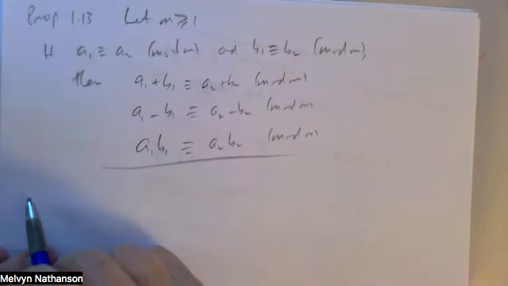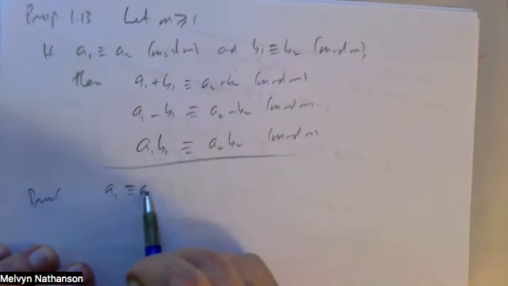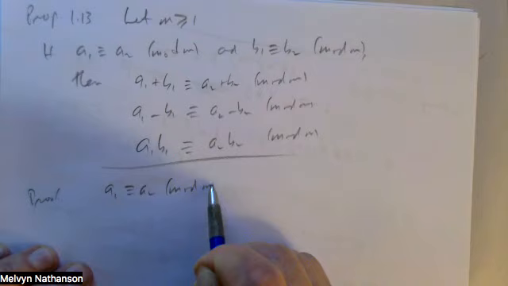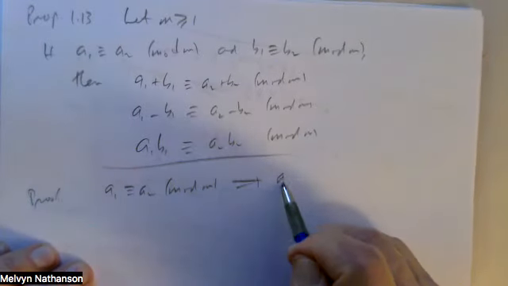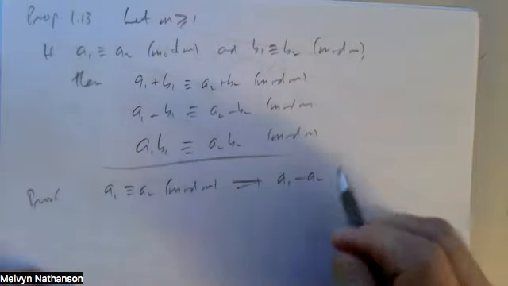So let's prove this. If A1 is congruent to A2 mod m, that means A1 minus A2 is divisible by m.